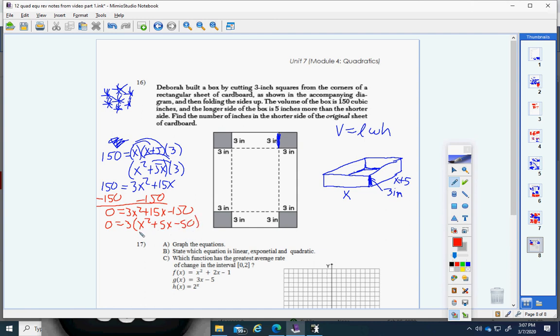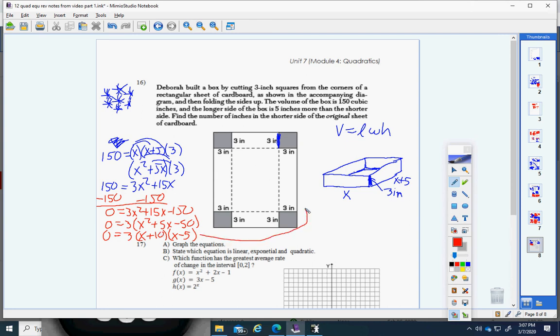I'm sure this trinomial can be factored, because otherwise I wouldn't know how to solve it. So x and x, things that multiply to be a negative 50, whose outers and inners add to 5. How about a positive 10 and a negative 5? The outers are a negative 5, the inners are a positive 10, those add to be a positive 5, and of course those things multiply to be negative 50.